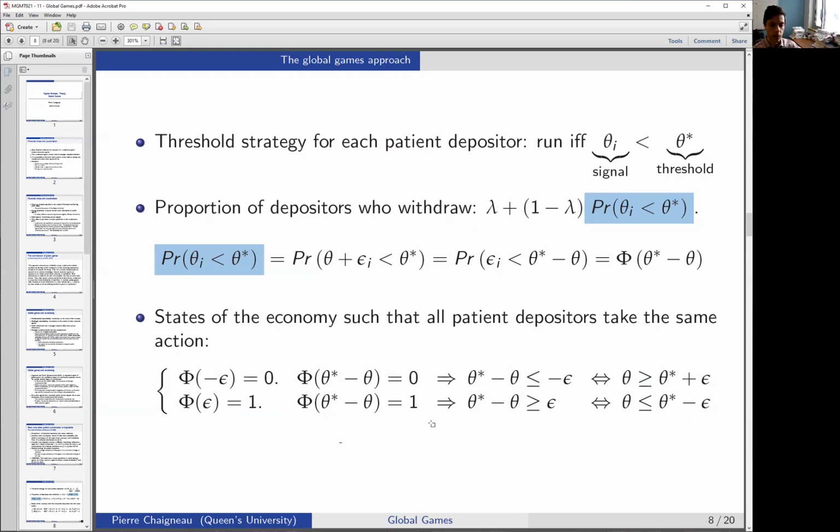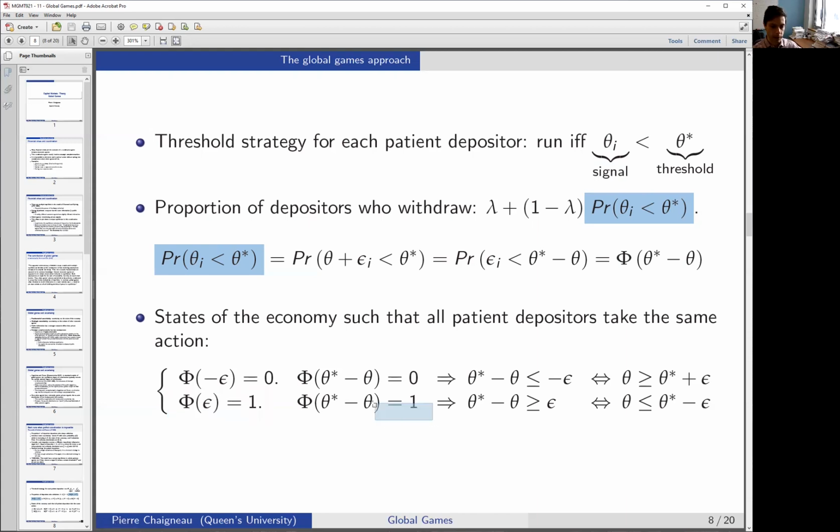Likewise, when will this function be equal to 1? And so when will everyone withdraw their funding? We're going to figure out what is the maximum value of theta such that everyone withdraws their funding. We know that this function is equal to 1 when evaluated at epsilon or at any argument larger than epsilon, since this function is increasing.